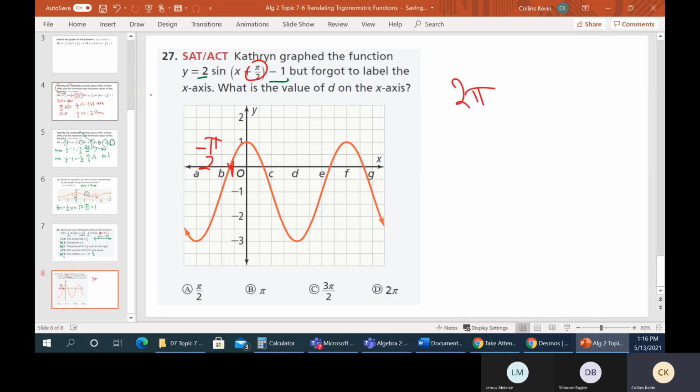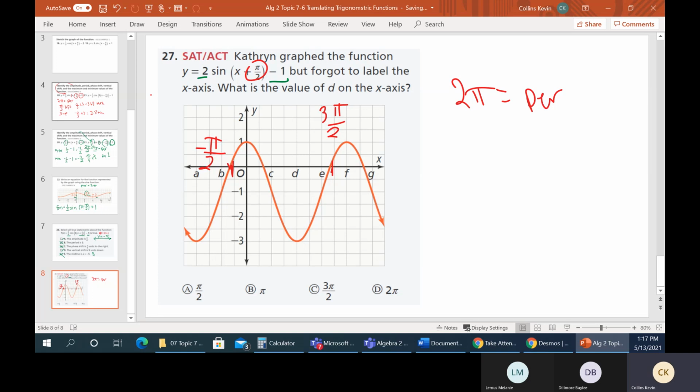Because there's no number in front of the x. So 2 pi is our period. All right, so that means over here is going to be 2 pi from this guy. If he's negative pi over 2, then this guy is going to be positive 3 pi over 2, which is just taking negative pi over 2 and adding 2 pi to it. So that's that guy.